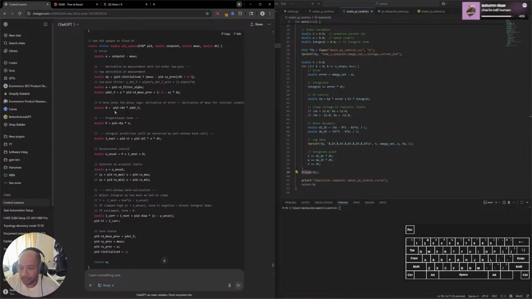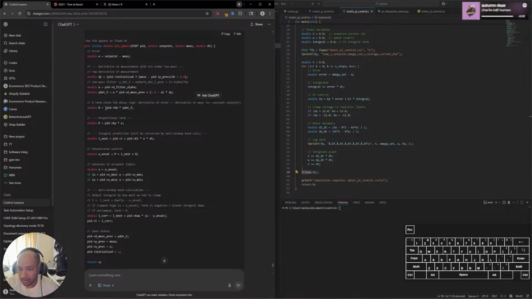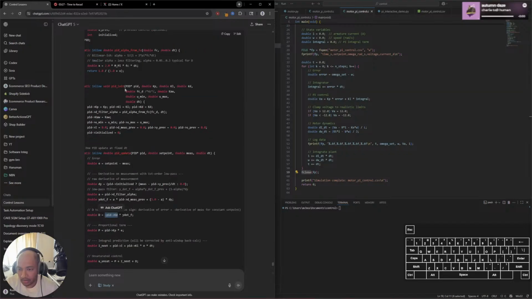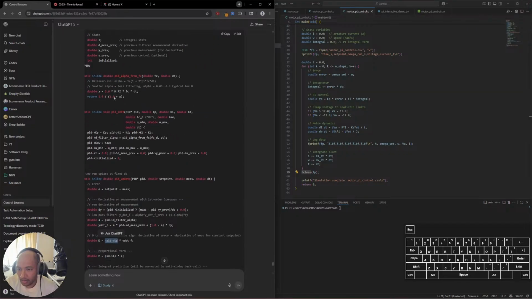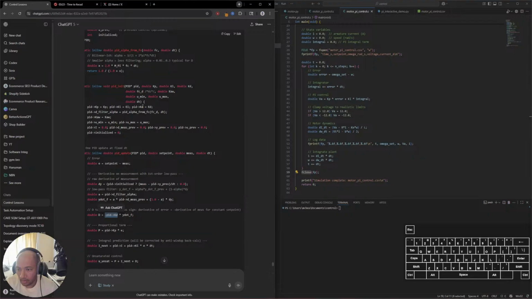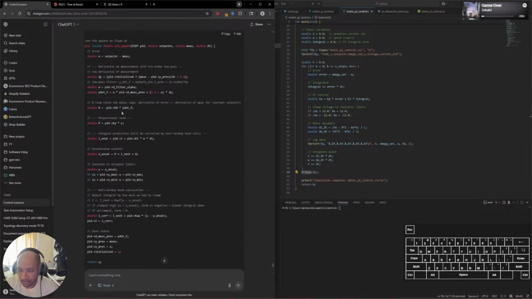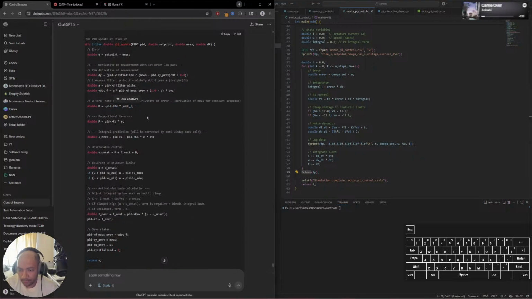Determine. Note the minus sign, derivative of error to minus derivative of measurement for constant set point. PID KD, which is 0, I think. Whatever KD is actually. Y dot F 0, 0.